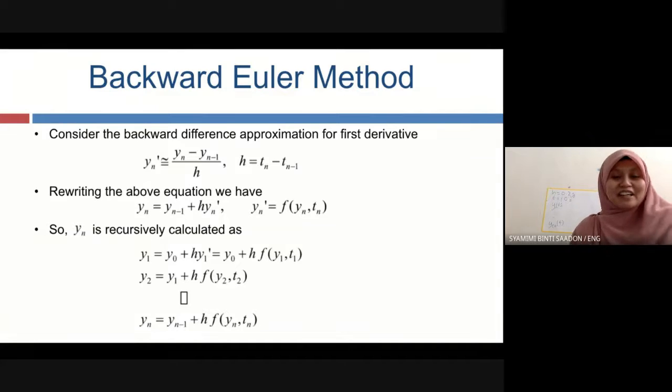It's just that. Otherwise the equation is the same from the first derivative equation. So we have yn equals yn minus 1 plus h yn prime. From here we derive the set of equations for all y1, y0 until yn.